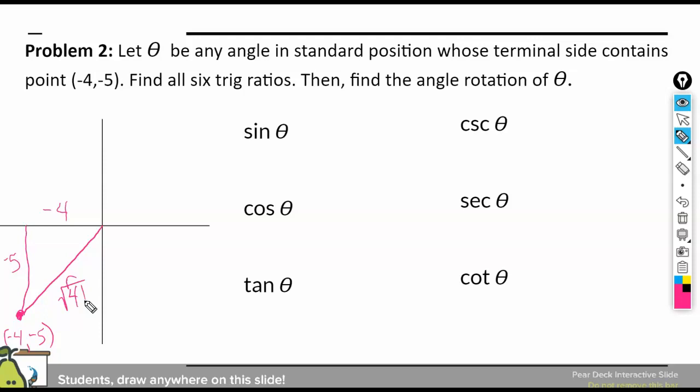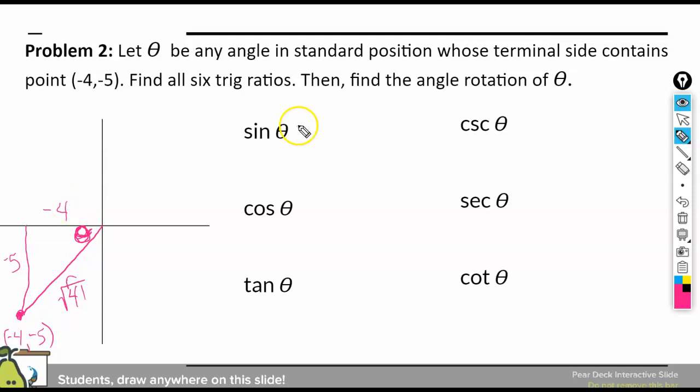It's just positive. Because it's the radius. It's not the actual coordinate on the coordinate plane. When we look at our opposite side, though, remember our reference angle is right here. So the opposite is -5. The adjacent is -4.